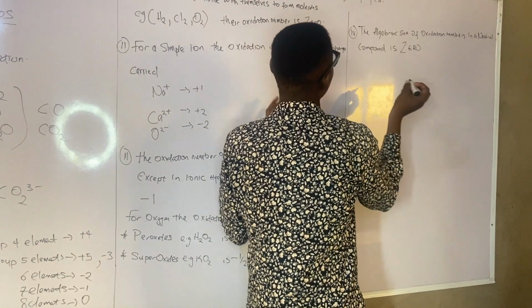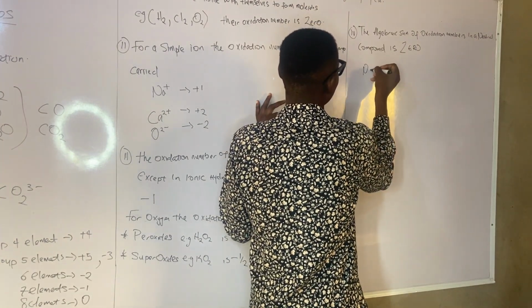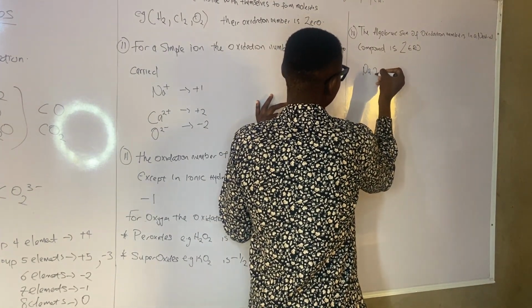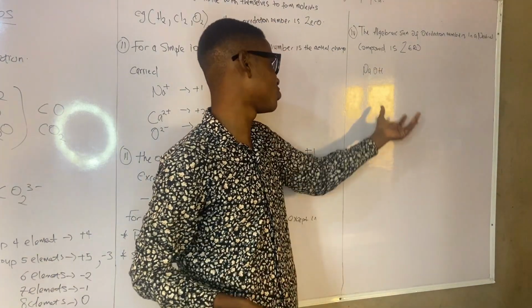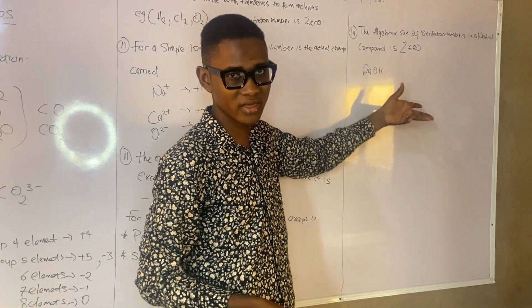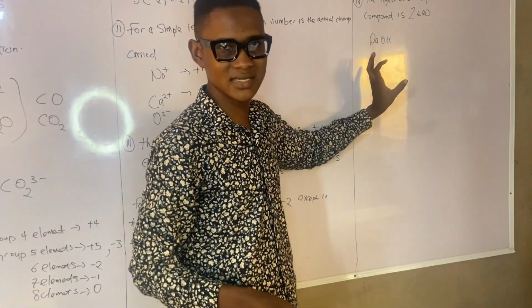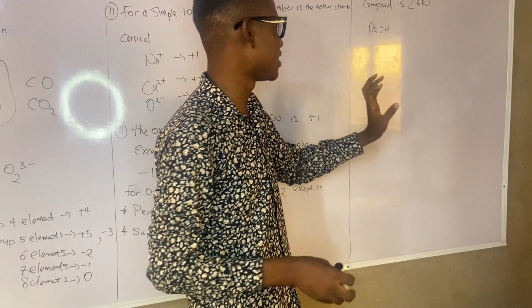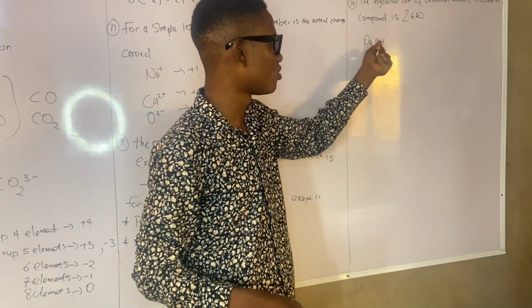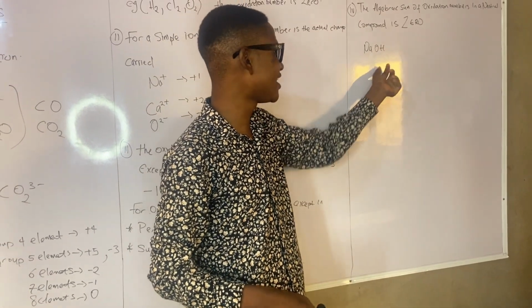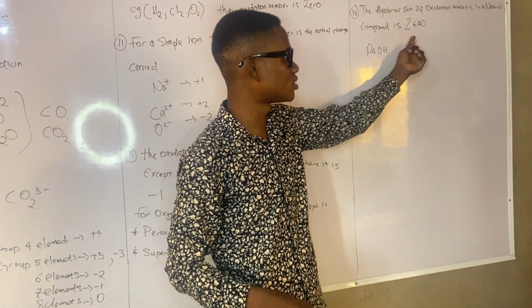Let's take an example, say sodium hydroxide. Now, this is a neutral compound. How do I know? Do you see any plus or minus charge there? No. So it means that if we add the oxidation number of sodium, the oxidation number of oxygen, and the oxidation number of hydrogen, everything together gives us 0.